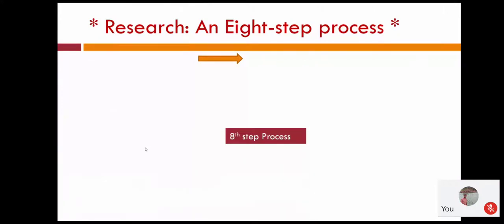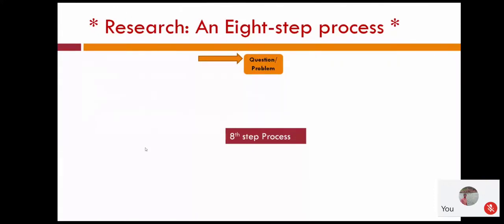Now we will directly move to the research, which is an 8-step process that we will be seeing here. We'll try to understand it very fast. Okay. So here the research begins in the mind of the researcher. He's asking questions. I told you the question should be there, the problem should be there, an existing one.